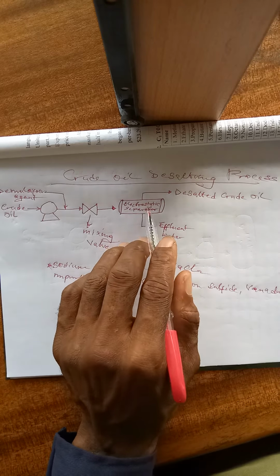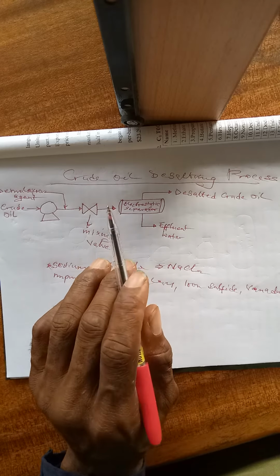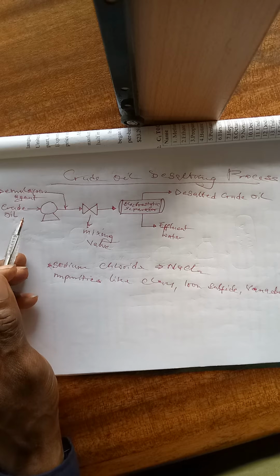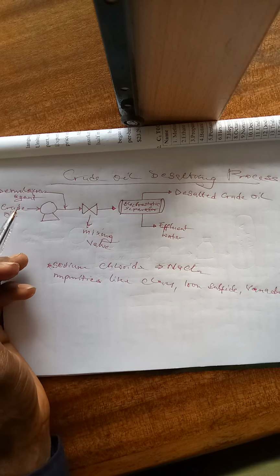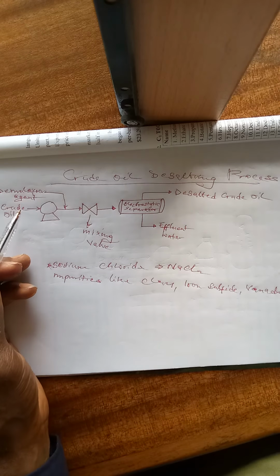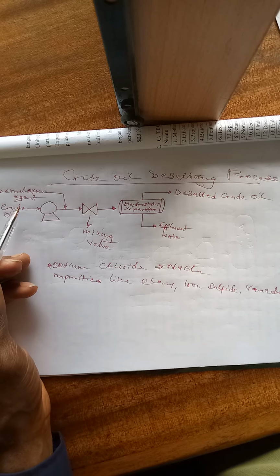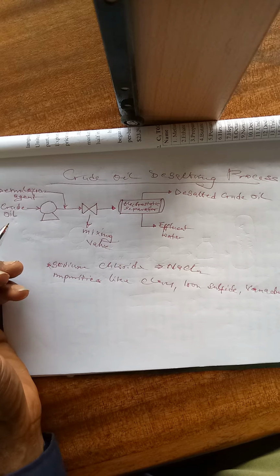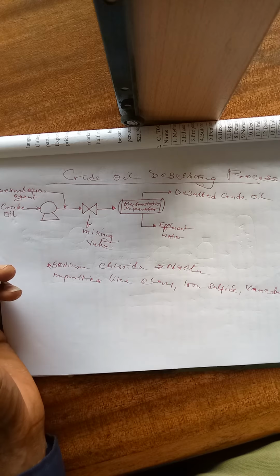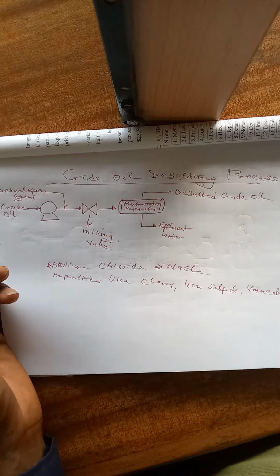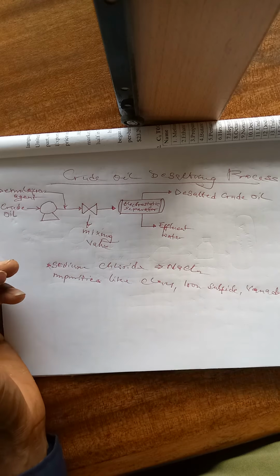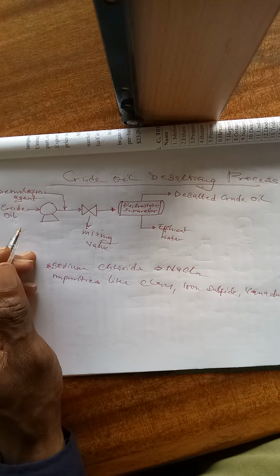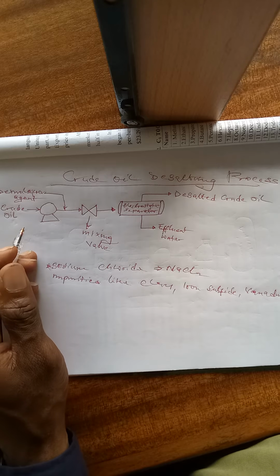So at the desalter, the goal is that we have to reduce the salt level to less than 0.2 volume being present. So at that particular level, we should be thinking about a good process without salts.